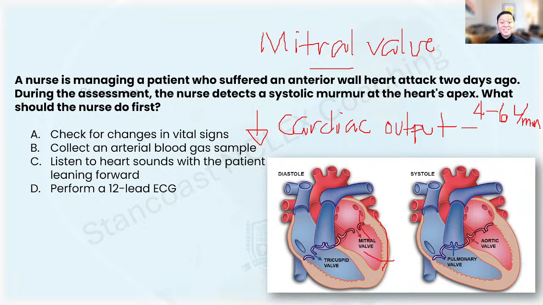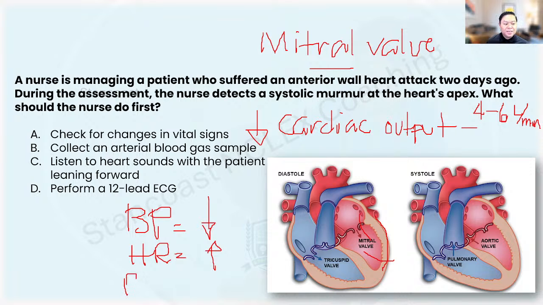So when there is that decreased CO, what can you expect in the blood pressure? Well, the blood pressure will also go down, okay? And because of that decreased blood pressure, the heart rate will now start to elevate. It will be increased, and the respirations will also be increased, okay? And this is, again, because of the decreased cardiac output, okay?